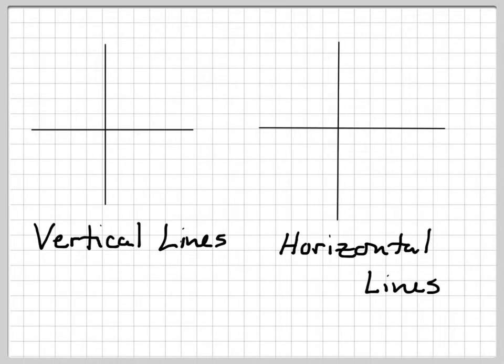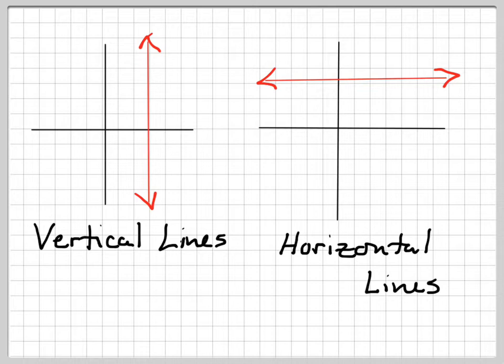Okay, so what are the slopes when we have vertical lines, like so, or horizontal lines that extend forever, like this? Okay, vertical lines.